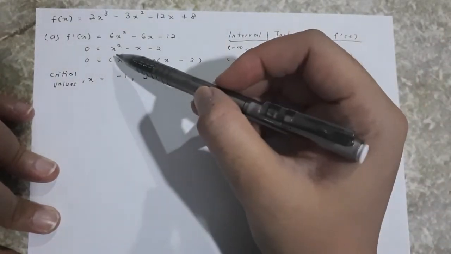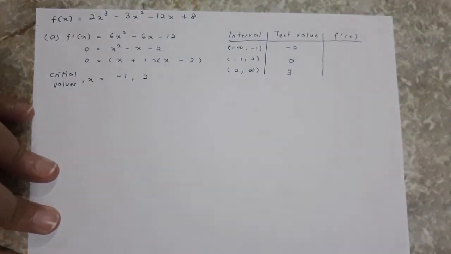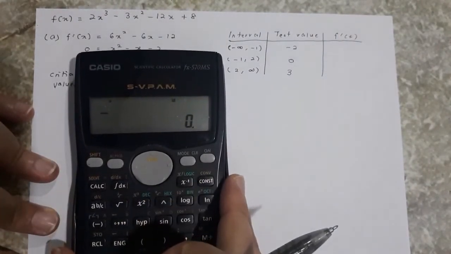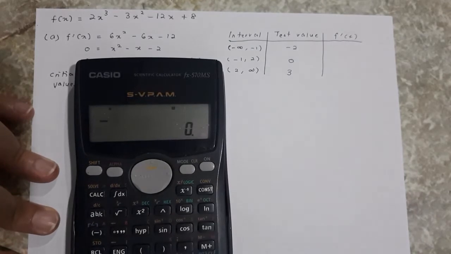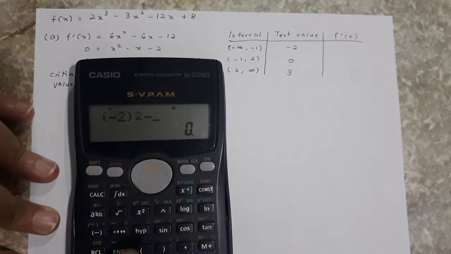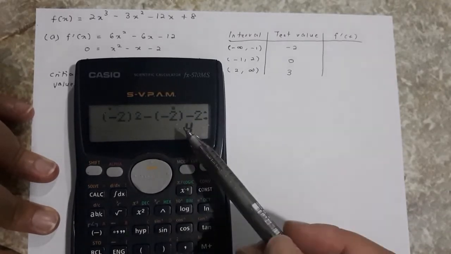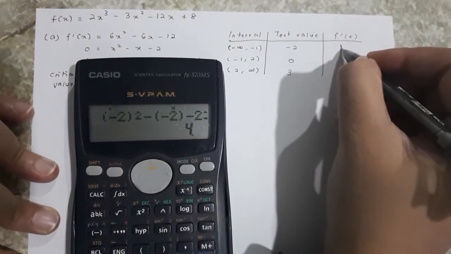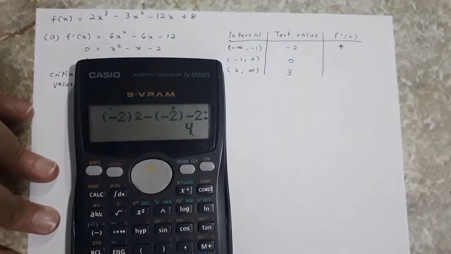For example, I want to substitute into the second equation. So negative 2 square minus negative 2 minus 2. We get 4. So just take the sign of the final answer, which is positive.